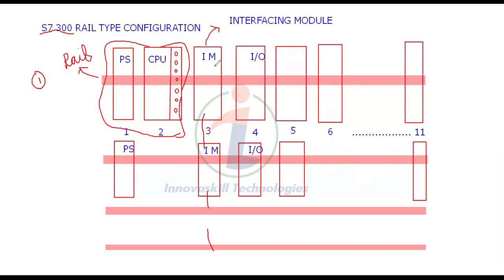Next, this is called the IM module, and all the other IO modules are called signal modules. Other than these IO modules, that is other than the signal modules, we can use 2 other modules also.